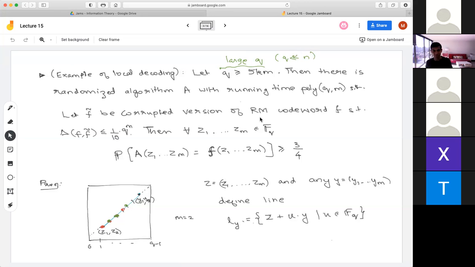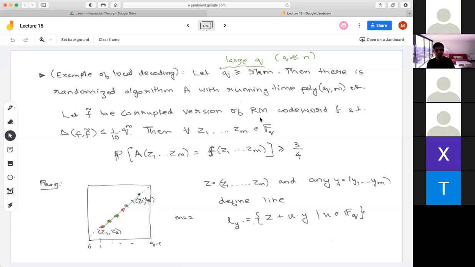N was Q to the M, and this is much, much smaller than that. It's roughly logarithmic or polylogarithmic in the block length, as opposed to polynomial in the block length. But this is large enough that the algorithm I'm going to describe can work. It doesn't make sense when Q is 2 or 3, and there are local decoding algorithms there for Reed-Muller codes.